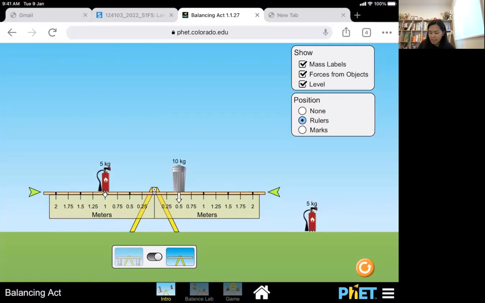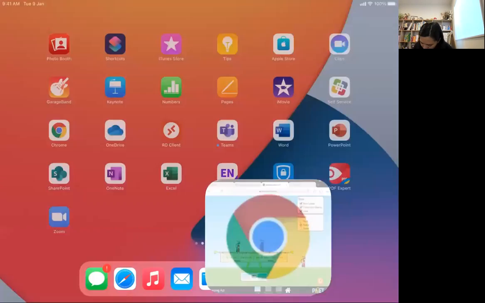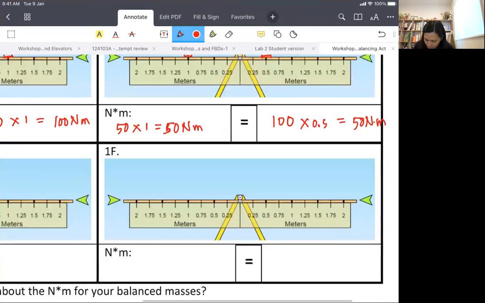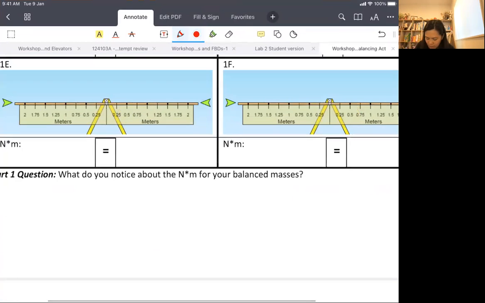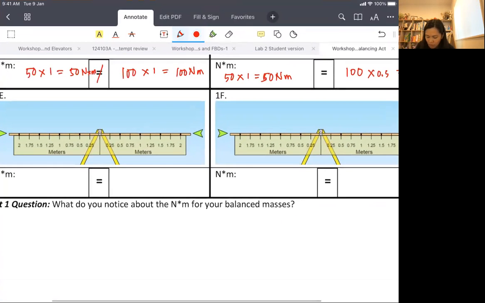And let's look at some examples for part 2, right? Are you happy to move on to part 2? Yeah, okay, good. All right, so for part 2, let's answer this question. What do you notice about the Newtons times meters for your balanced masses?